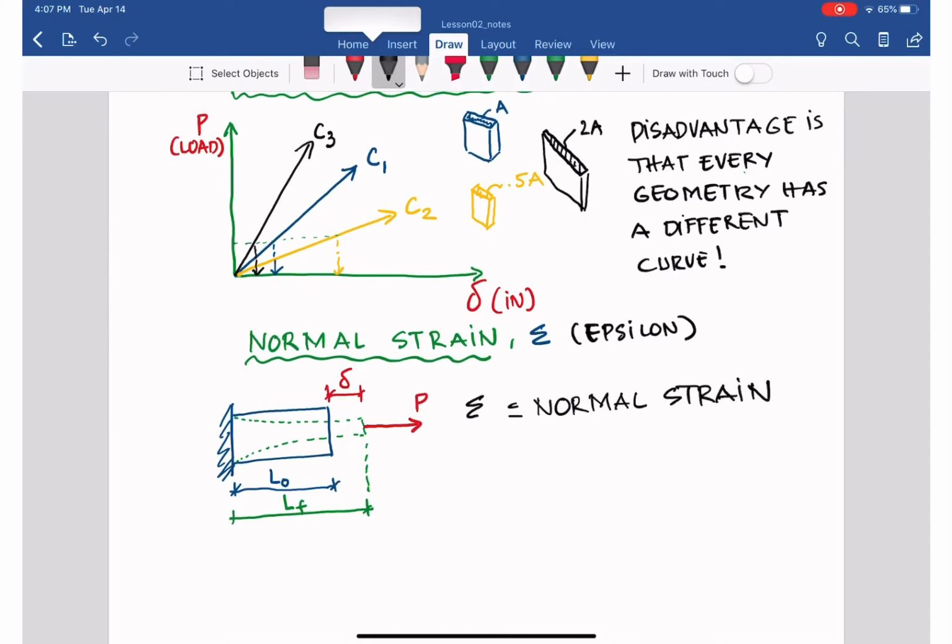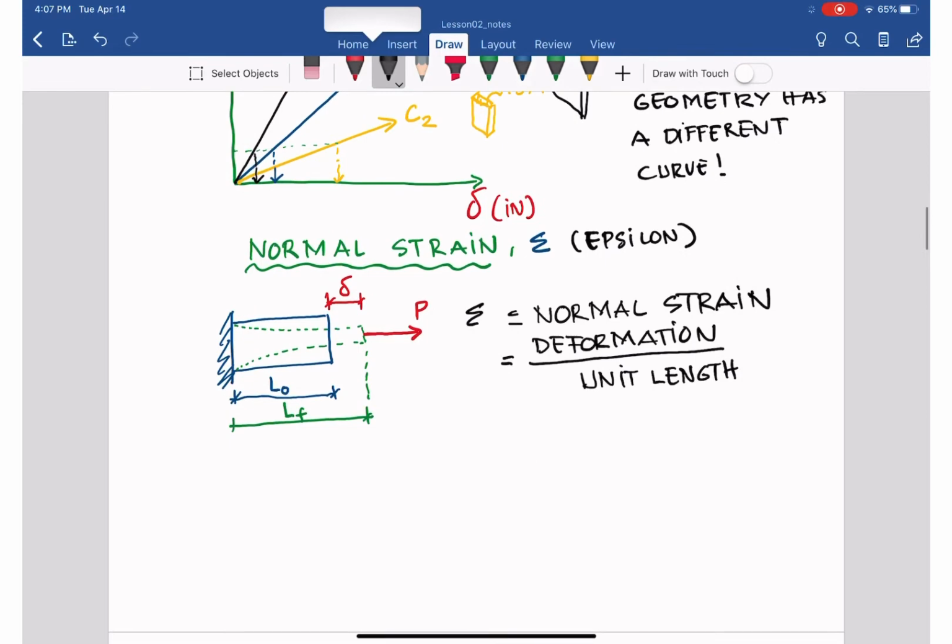And what is that about? It equals the deformation over the unit length of the body. So what does that mean?